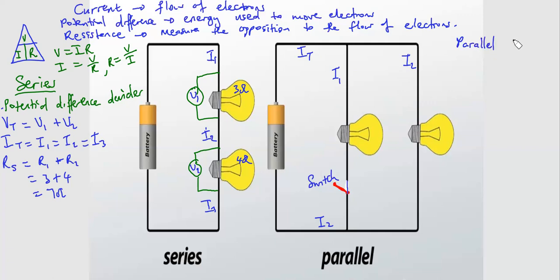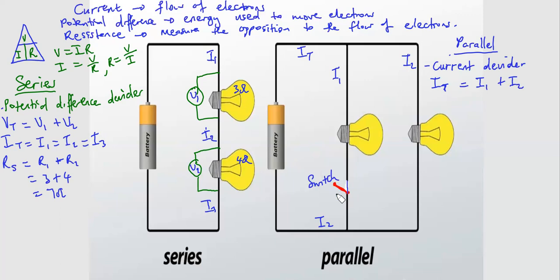Parallel connection is a current divider. Now, when it's a current divider, it means that current total is equal to current 1 plus current 2.